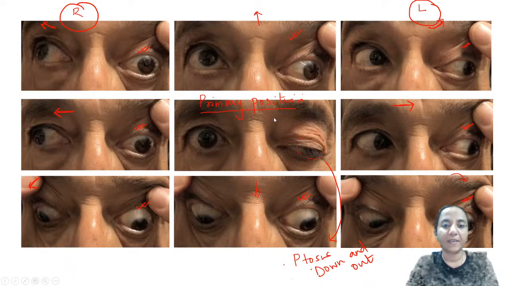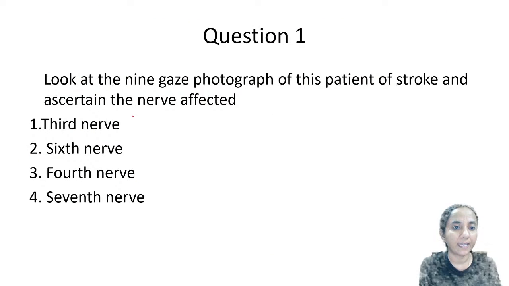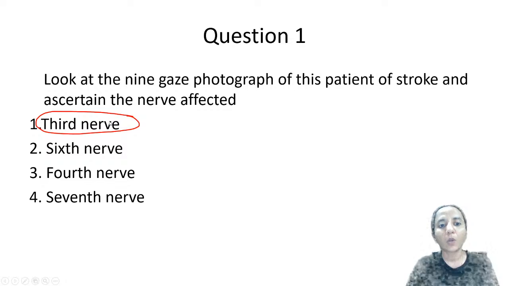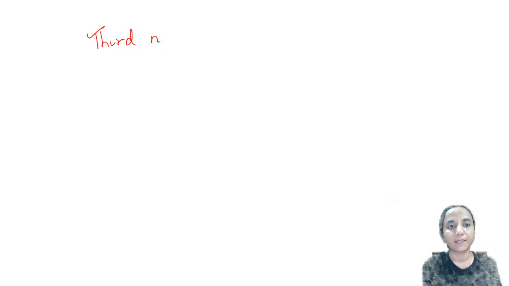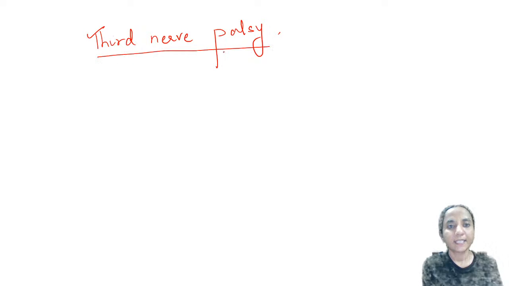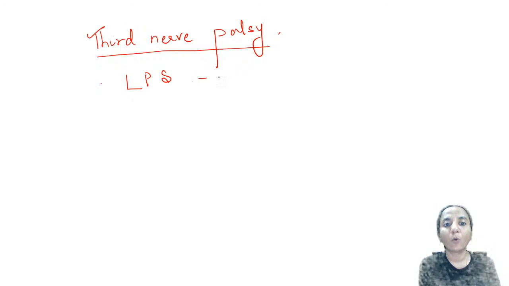So this is basically a case of third cranial nerve palsy. So the affected nerve is the third nerve. So how do we come to this conclusion? For that, let us just quickly go over what are the muscles that are supplied by the third nerve. See, the third nerve supplies the LPS muscle, the levator palpebrae superioris, whose function is elevation, right?